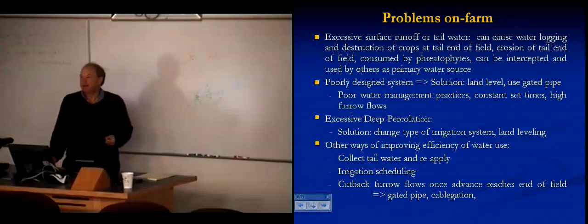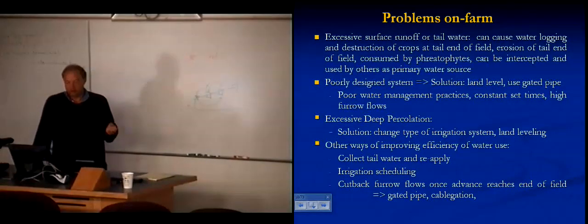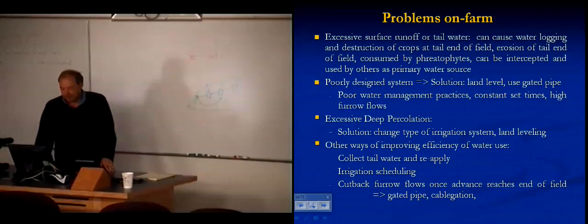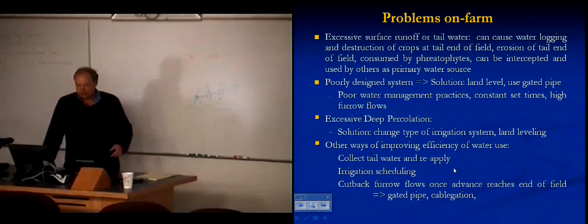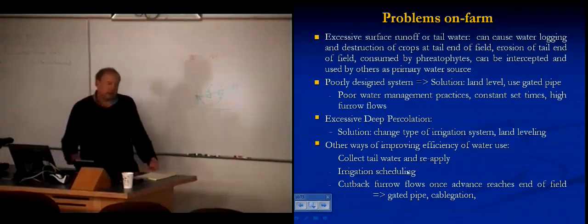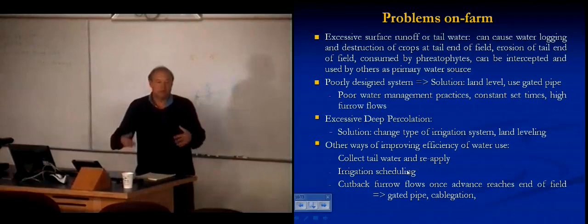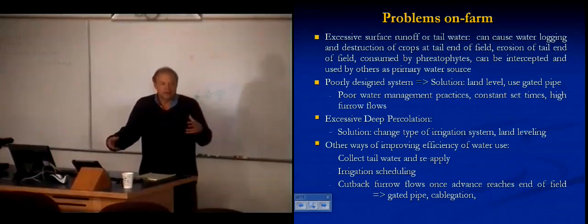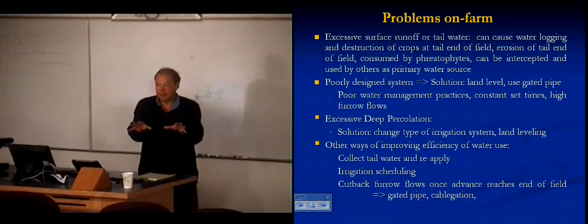Even if you add just the amount to replenish the water in a surface irrigation system, your water might not reach at the end of the field. Okay? So you usually have to apply more water to fill that root zone. Okay? And there's other techniques in surface irrigation that can lead to improvements in the application of efficiency.